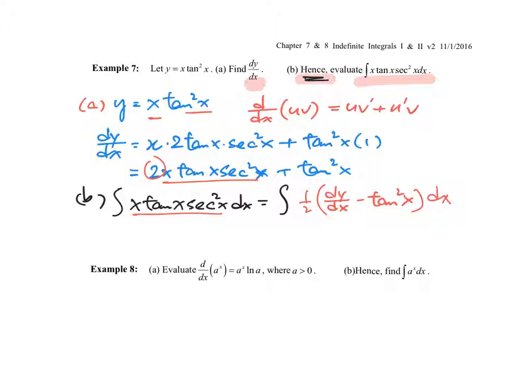So the expression would be like this at first. Next, 1 over 2 should be taken away first, for our convenience of doing integration. And now let's see the following.